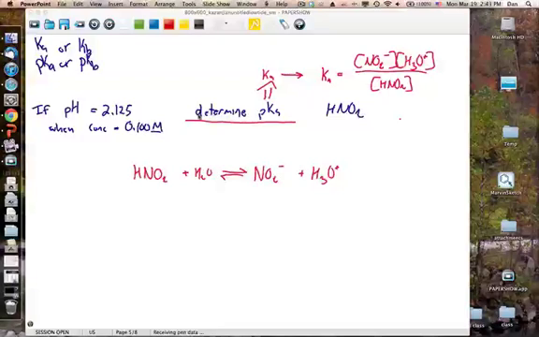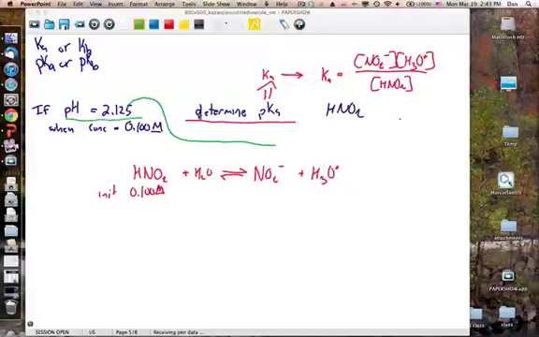We're told that initially you start with 0.100 molar HNO2 and you allow it to come to equilibrium to generate a solution that has a certain pH. Well, here, that's gold right there, the pH.